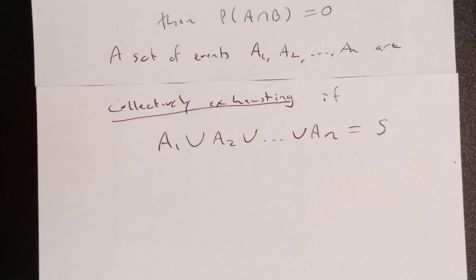Why is it on the outside? Yes. That is the representation of our whole sample space. That's all possible things that could happen. And what I'm saying here is that these events are collectively exhausting if they cover every option. So you can literally think of it as I cover all of the square with those circles, A1 through AN. Does that help with the image? Okay. You're welcome.